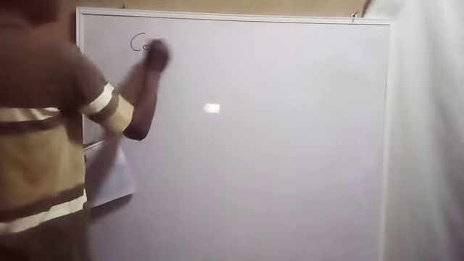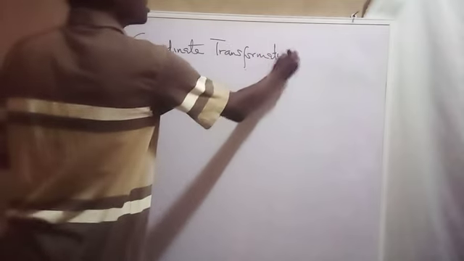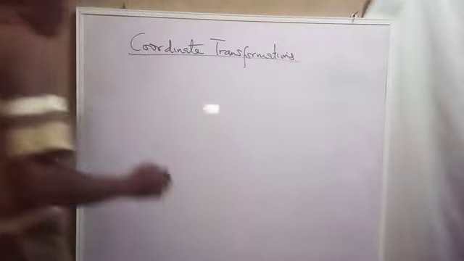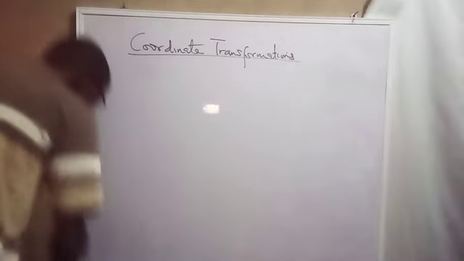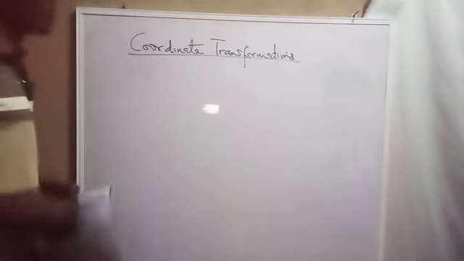But it will be better if we start with coordinate transformations. This is an important aspect of tensor analysis, because it has to do with trying to move from one frame of reference to another.